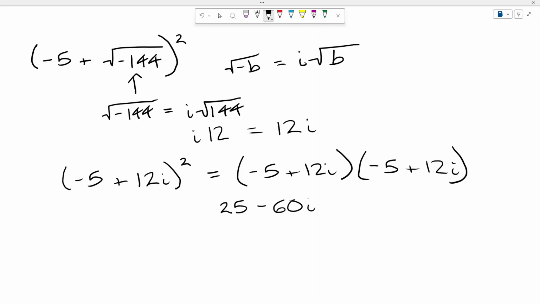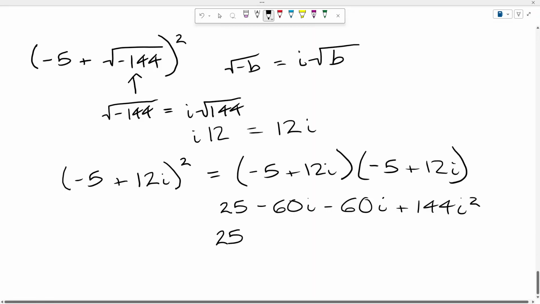And then we'd have inner 12i times -5, -60i, and then we have 12i times 12i, so that'll be 144i squared. And again, we won't have cancellation here because we weren't taking it times a complex conjugate, so we're going to have to combine our terms here in the middle. Okay, so careful with that.